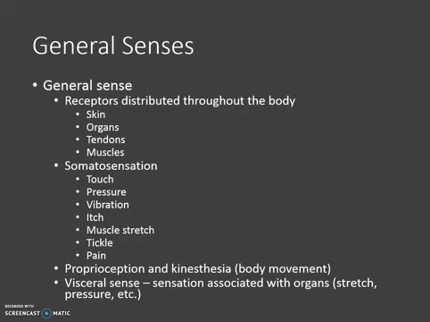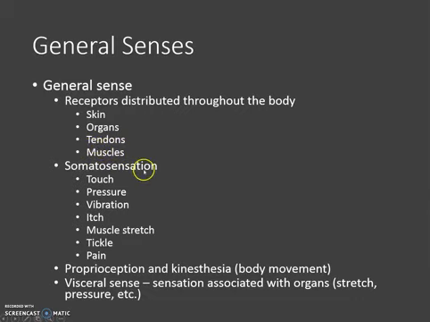We can also divide the different senses of the sensory systems into general senses and special senses. So the free nerve endings and the encapsulated nerve endings are going to be involved in the general senses here. So the general senses are widespread throughout the body. They're found in the skin, the walls of organs, the tendons that attach muscles to bones, and in the muscles themselves.